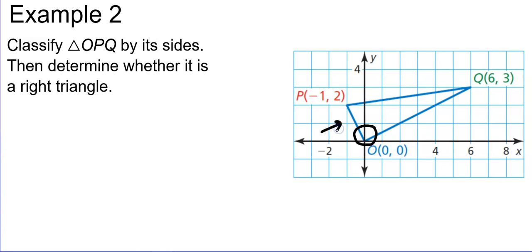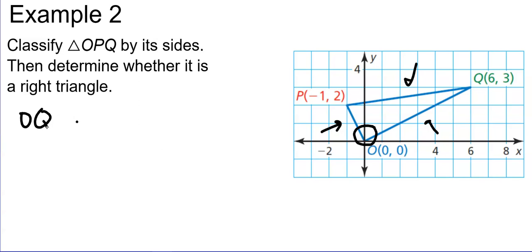Obviously, this side is shorter, but is it isosceles? Or is this side and this side equal? We won't know that unless we do the distance formula. So I'm only going to do the distance formula for OQ and PQ because obviously the shorter side is not equal.